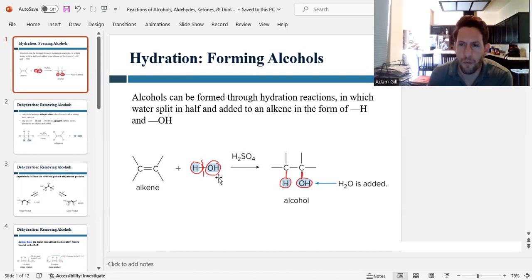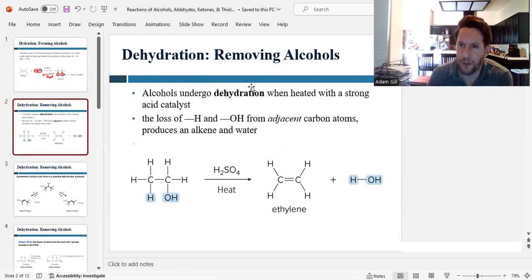Okay. Well, it's actually possible to do the reverse of the reaction as well, but the reverse requires some heating. Now, if adding water is called hydration, then removing water is called dehydration, right? You're dehydrating the molecule.